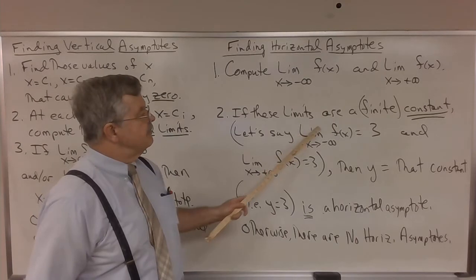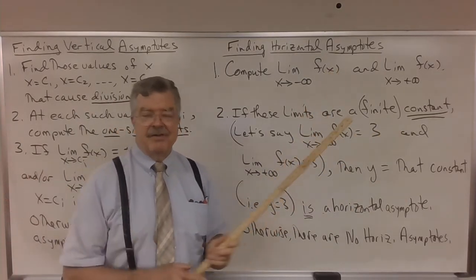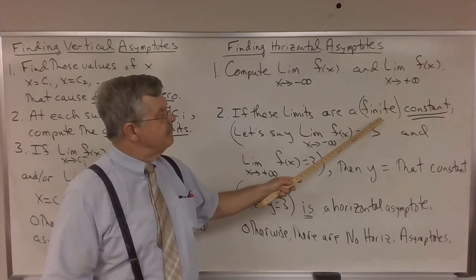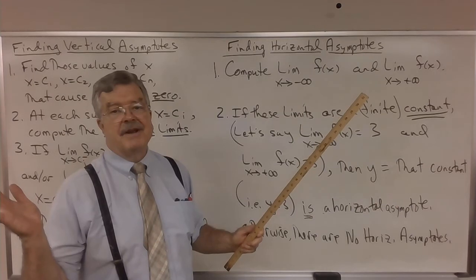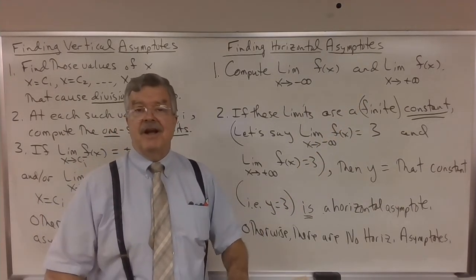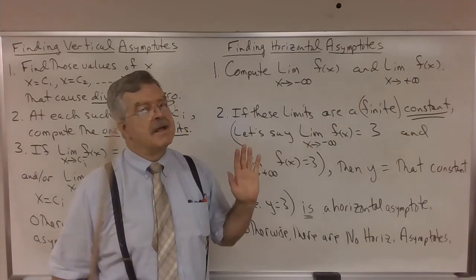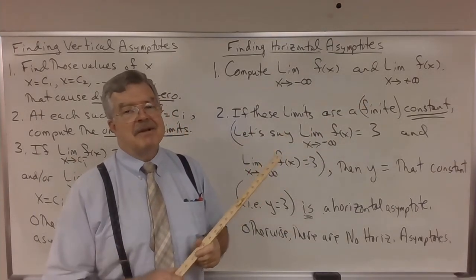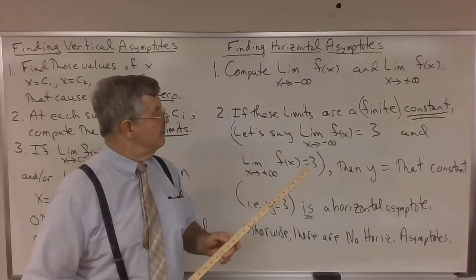Now, if these limits are a finite constant, well, what other kind of constant is there? But I emphasize the fact finite because if the limit turns out to be infinity, I don't want people saying, oh, it's infinity, that's a constant, y equal infinity is a horizontal asymptote. Nope. If the limits are infinite, there is no horizontal asymptote.